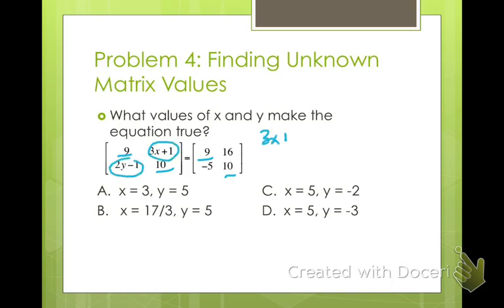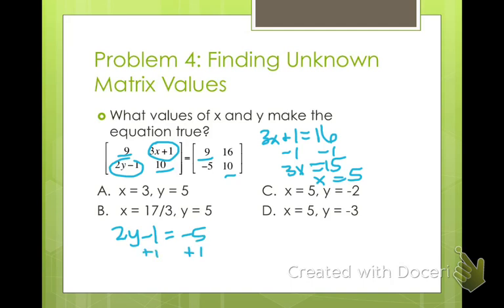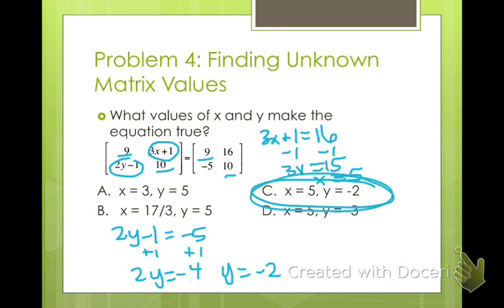So 3x plus 1 equals what? 16. That's in the same position. Subtract 1, 3x equals 15. So x equals 5. And now to find y, 2y minus 1 equals negative 5. Add 1, 2y equals negative 4. So y equals negative 2. Which one of these has x is 5, y is negative 2? That would be C.